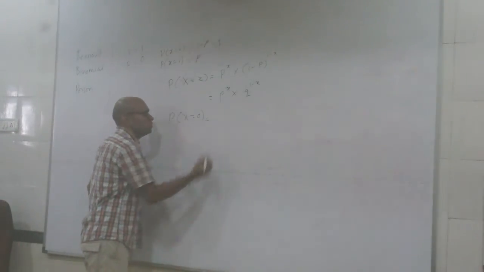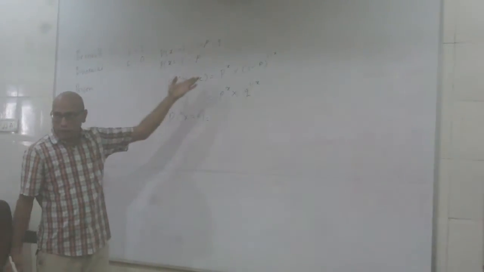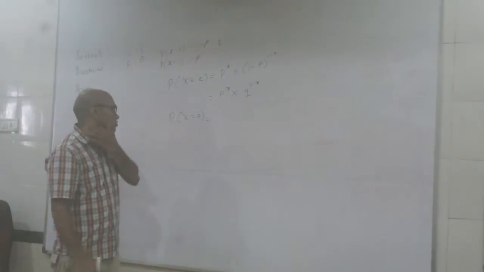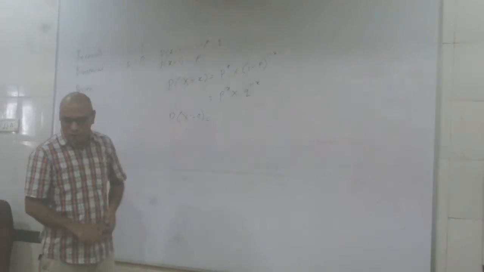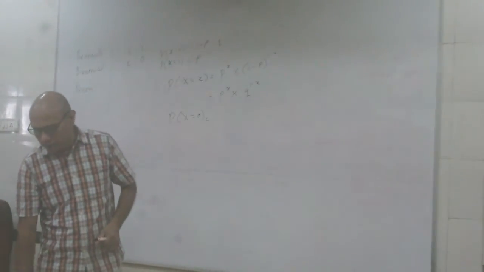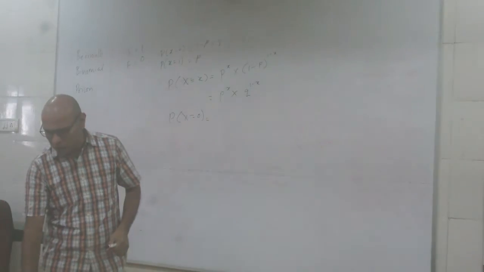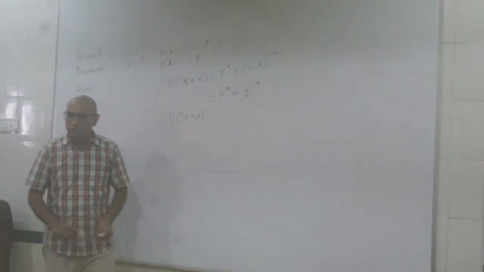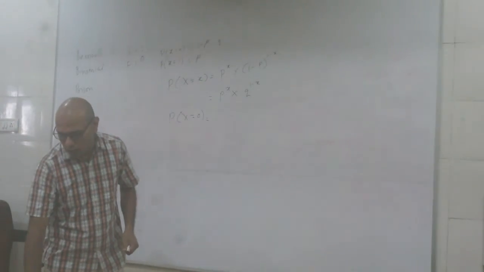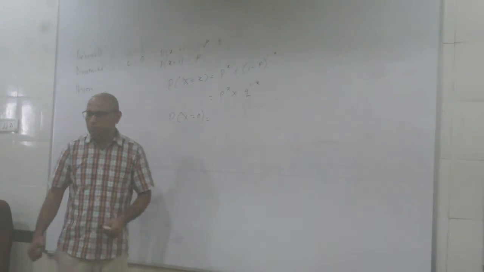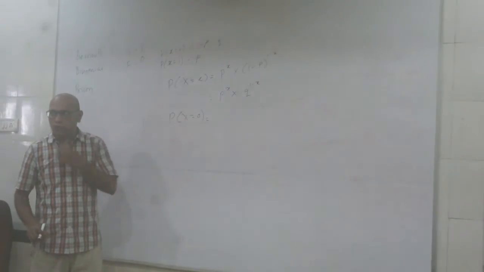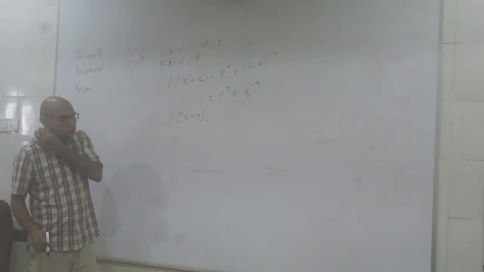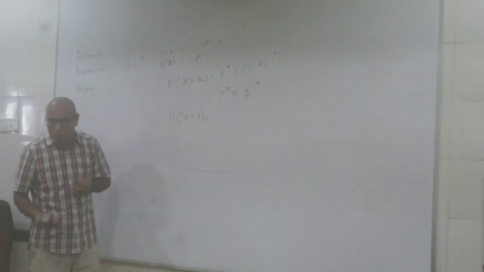Now this is p raised to x into q raised to 1 minus x, right? Now if I have to work out this probability, suppose I make an assumption, for some simple reason, that the probability of each is equal, then the probability of failing is equal to the probability of passing.